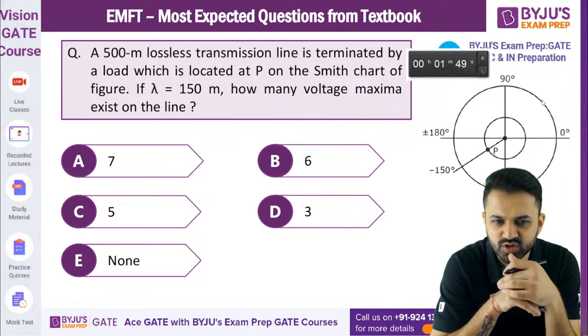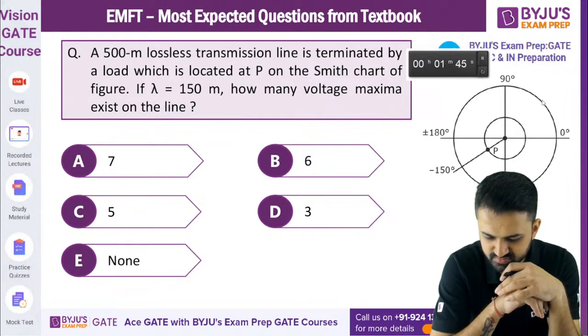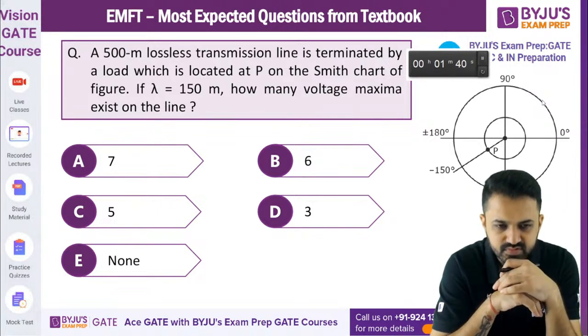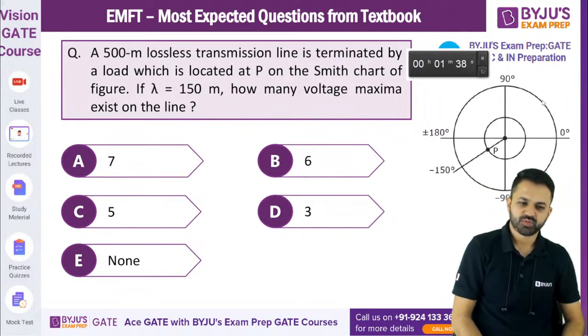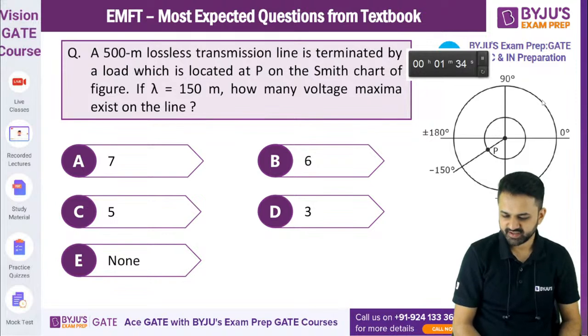If lambda is equal to 150 meters, how many voltage maxima exist on the line? There are five options given: 3, 4, 5, 6, 7.